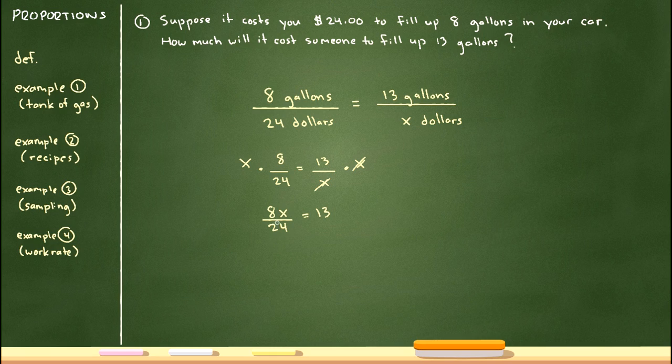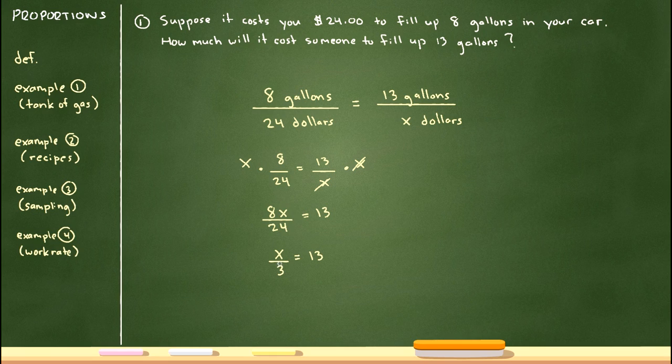So instead of writing this, I'm going to write x/3 is equal to 13. I just reduced that fraction. That's going to make the work a little bit easier, and I encourage you to do the same. If you see any simplification you could do throughout the problem, go ahead and do so, and it's going to make the work much easier.